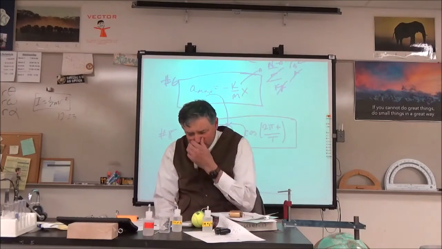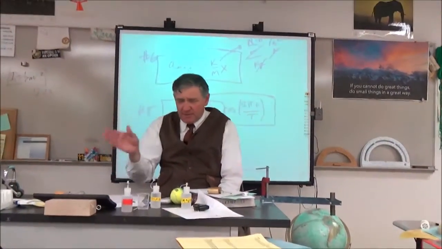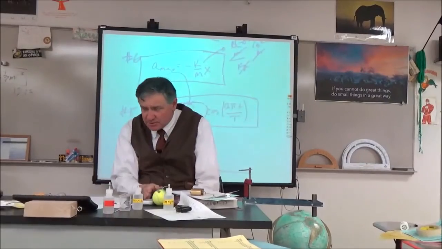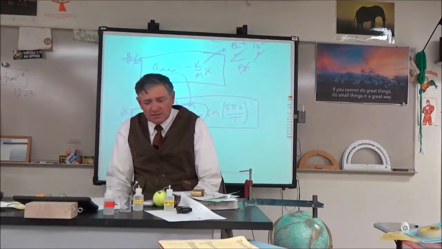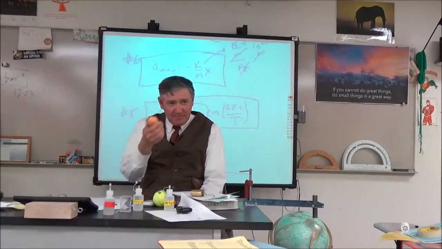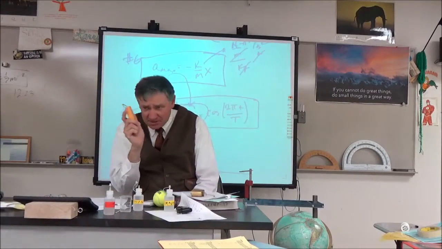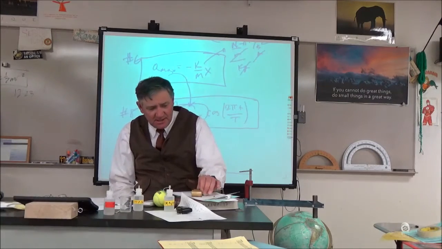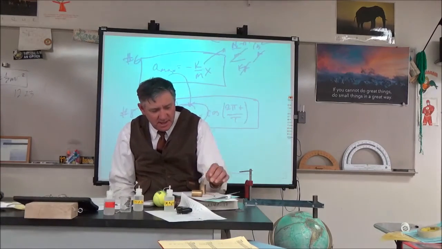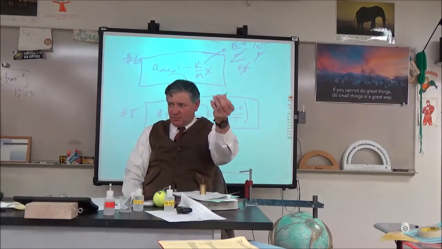Okay. So on number 12, we'll talk about the difference between what's called inertial mass and gravitational mass. Let's say we happen to have our Newton scale, and we want to find what this particular mass weighs.